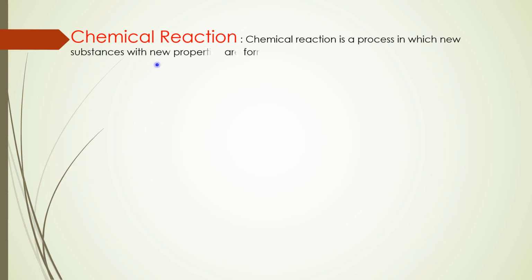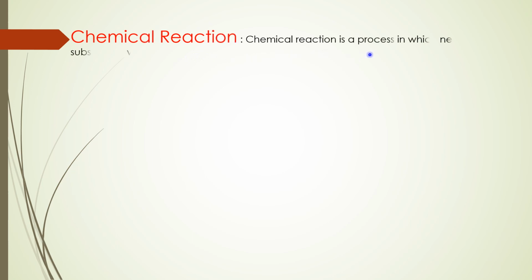Let us discuss the more scientific definition for a chemical reaction. What is a chemical reaction? A chemical reaction is a process in which new substances with new properties are formed.